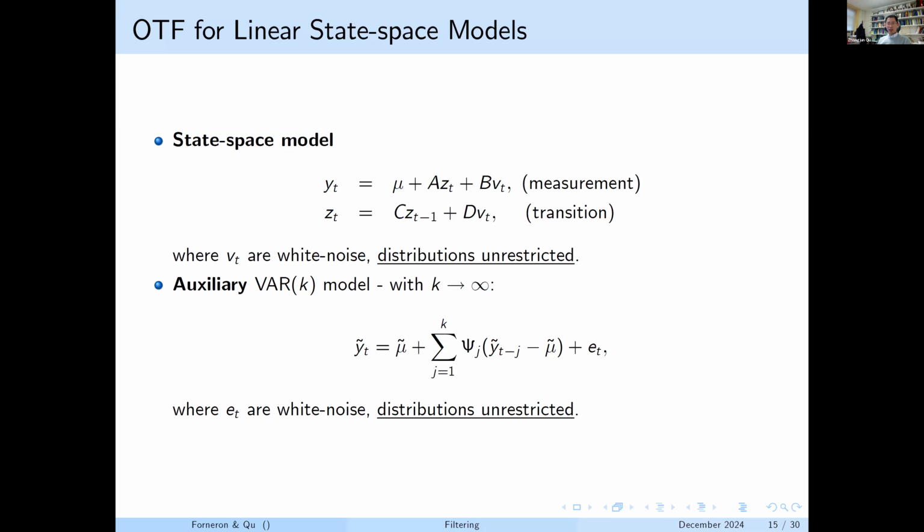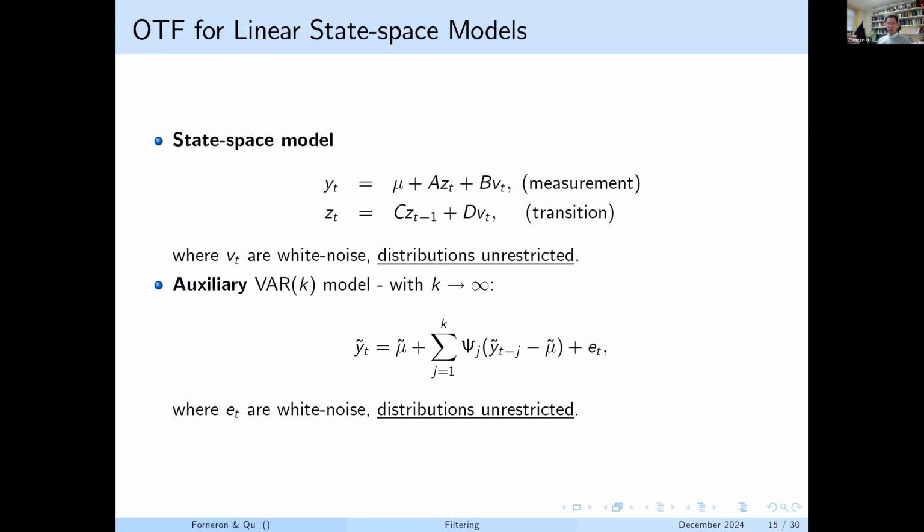In this case, yt is typically a random vector, and zt corresponds to the latent states, and zt is a vector that can be high dimensional. For example, if we look at DSGE models, zt can have 30 or 40 components in it, and that's not a problem for the algorithm, not a problem for estimation either.